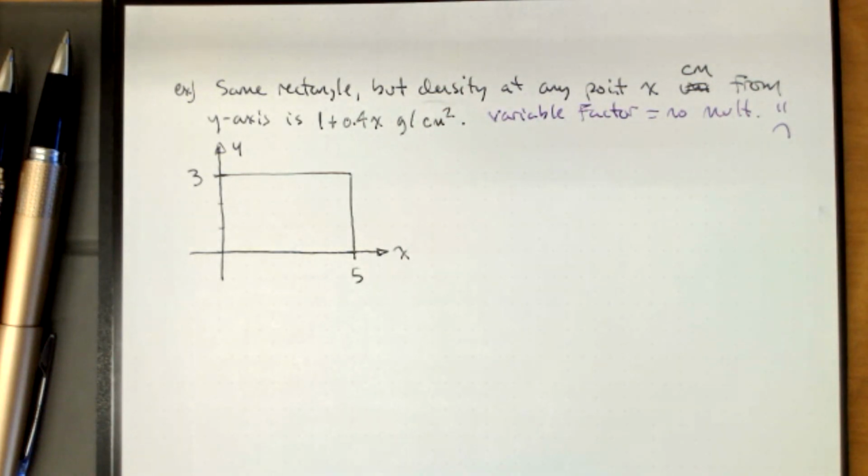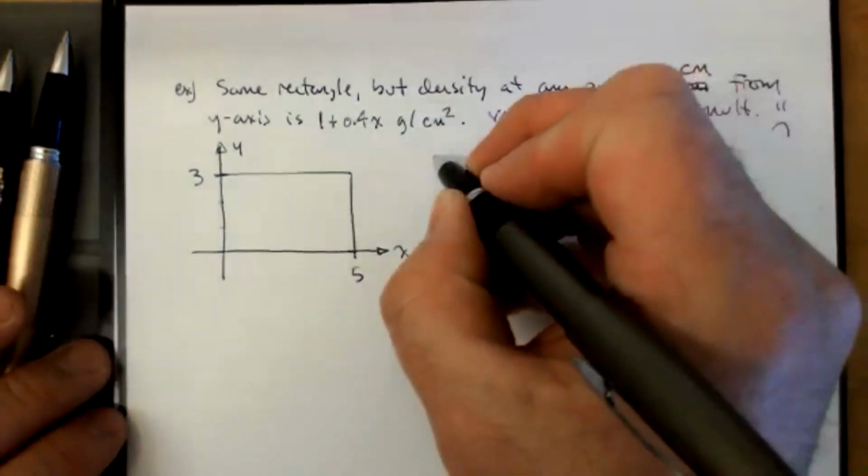We're still going to set up mass is density times length times width. So density times area.